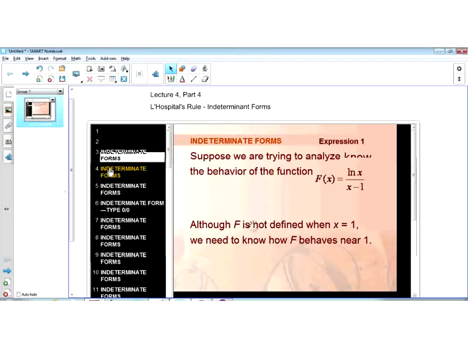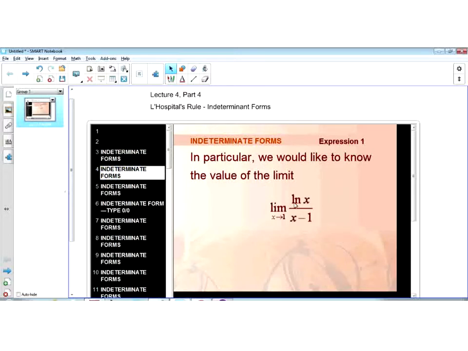To date, the only technique we have for evaluating this limit is to create a table, like we did in the early parts of Chapter 2, or you can try to sketch the graph and investigate the limit as x approaches 1 from either side of 1.